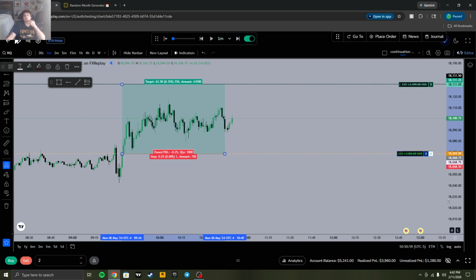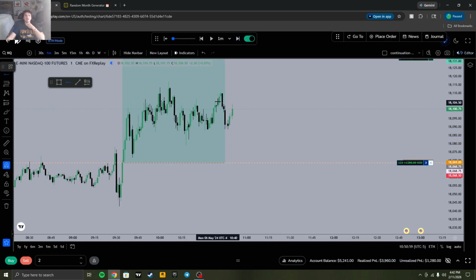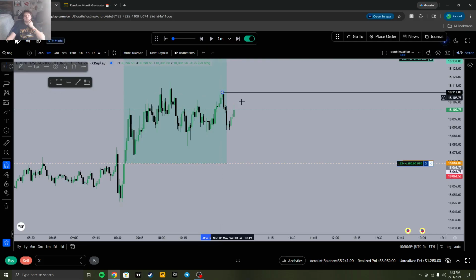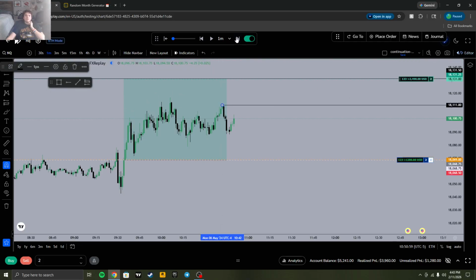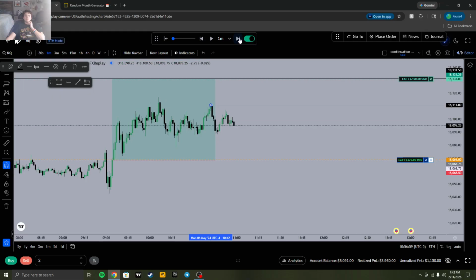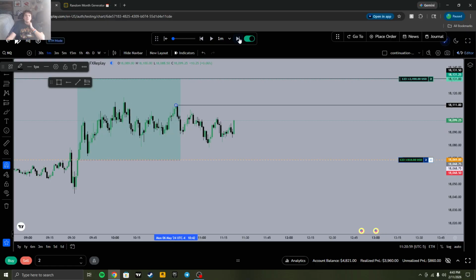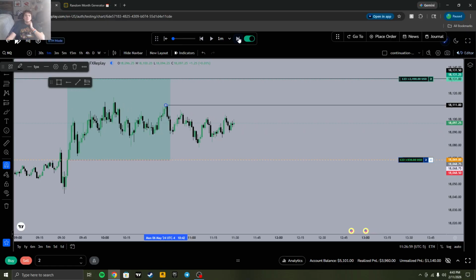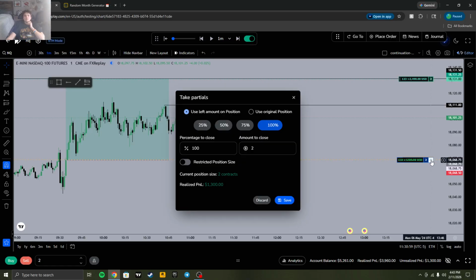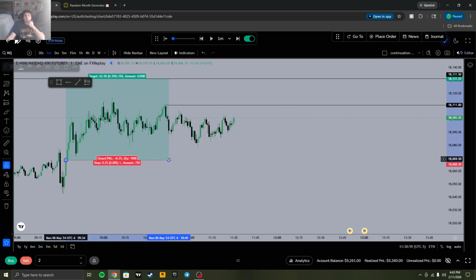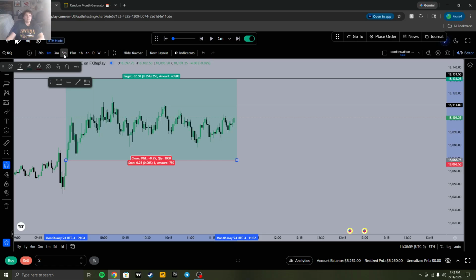If this next candle does not deliver us higher above this high, I will just manually close this because I don't want to sit through another hour of chop. Okay, I'm literally just gonna close there. I don't want to hold this all day.